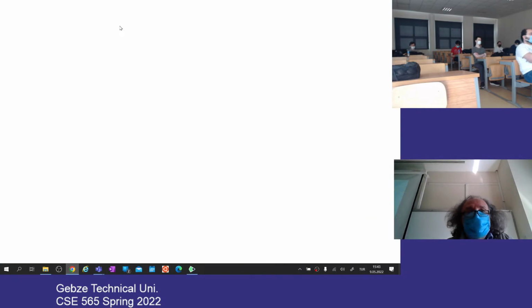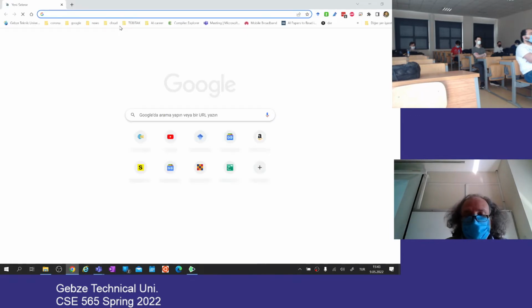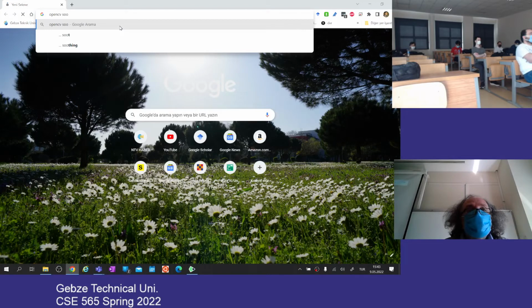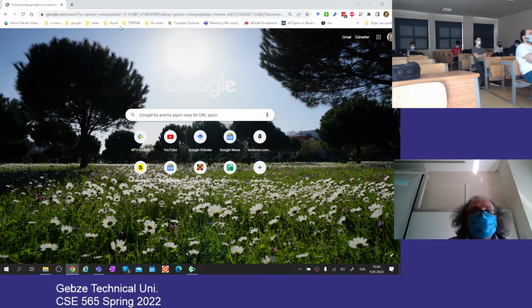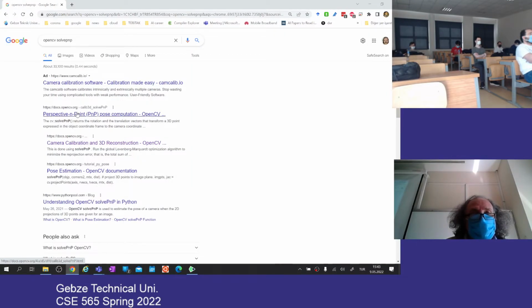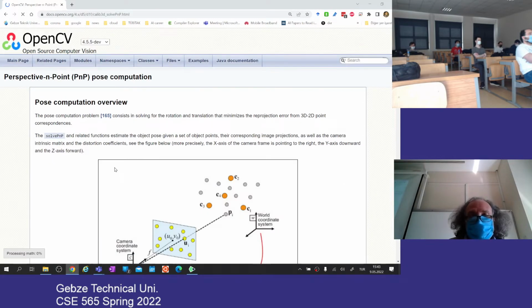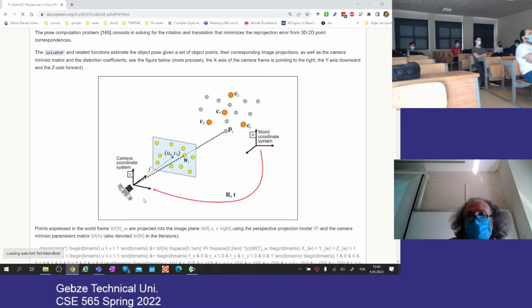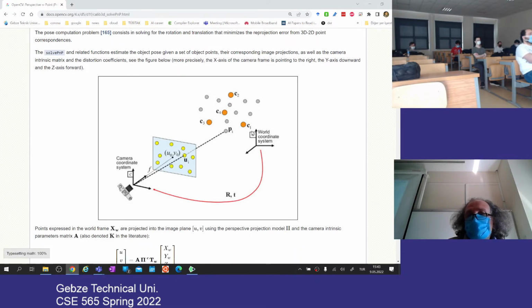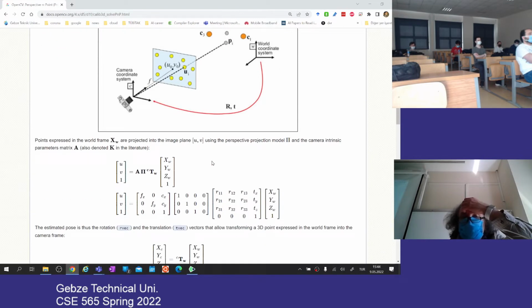Let me show you how it works. OpenCV solvePnP. Okay. Pose computation means that if you give me the corresponding points between the real world coordinates and the image coordinates, I can give you the rotation and the translation components of your camera.